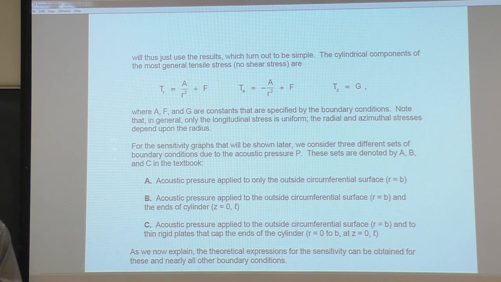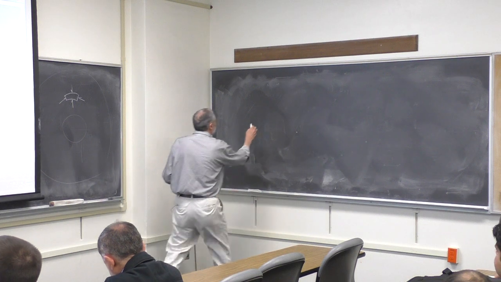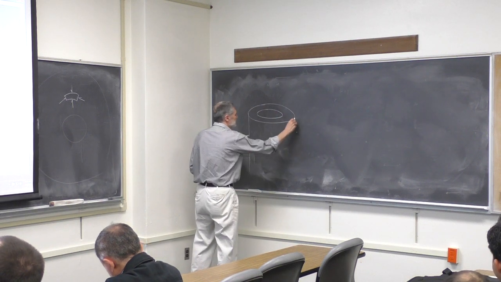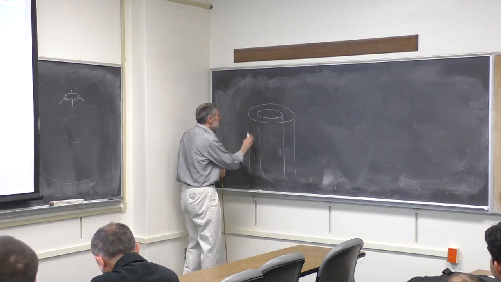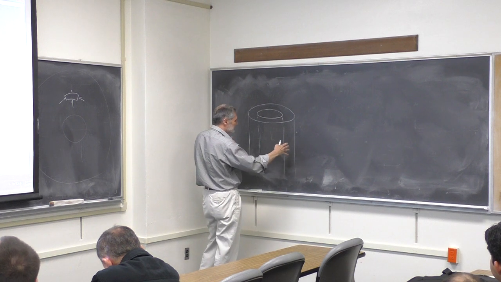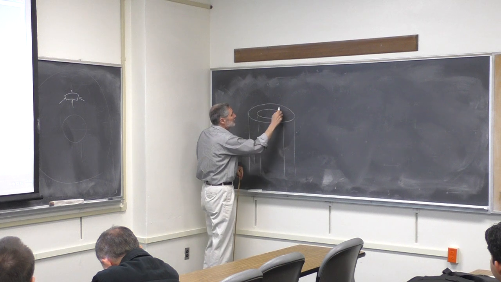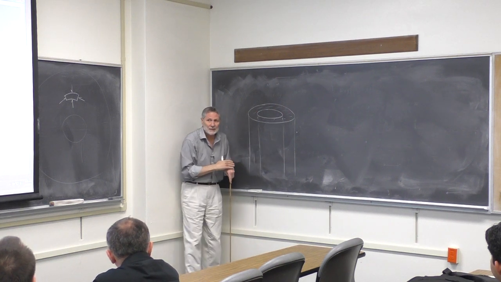Now, why would that make a difference? Here's my annular cylinder, and the material is exposed to a sound wave here and here, on this surface right here. If I put an end cap here, why is that different?